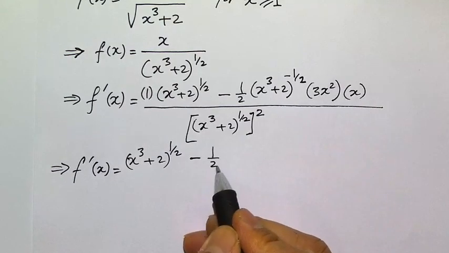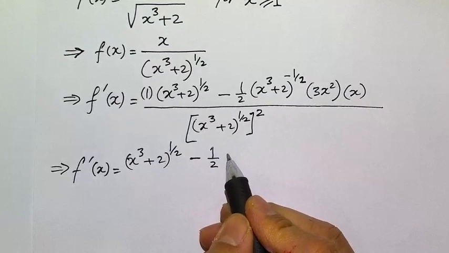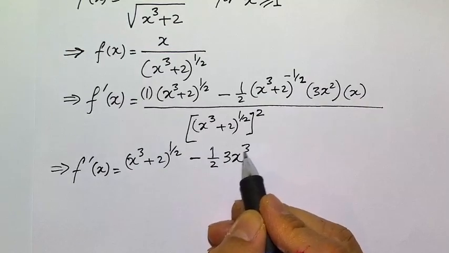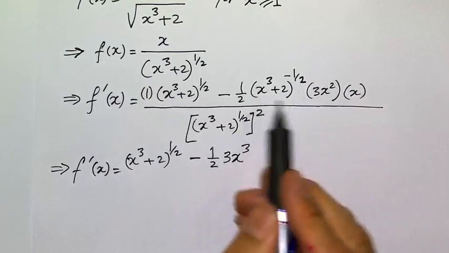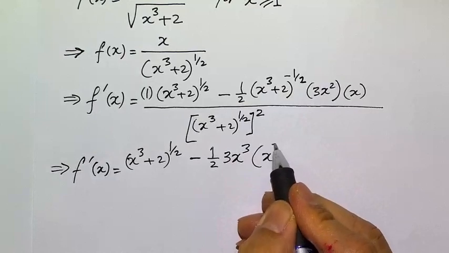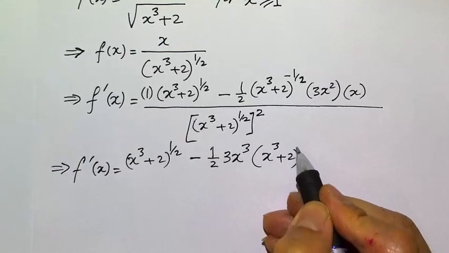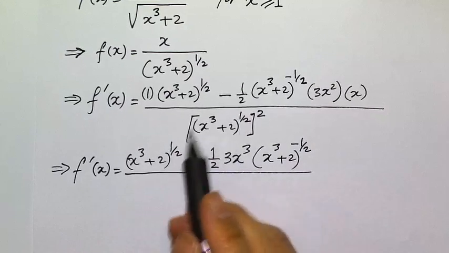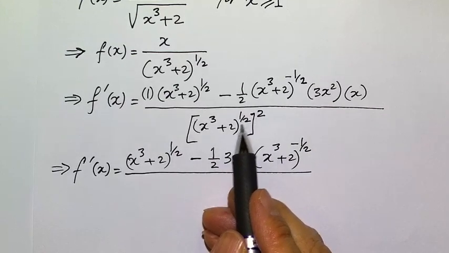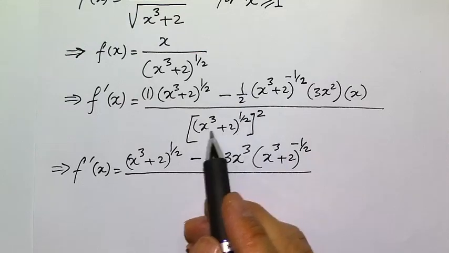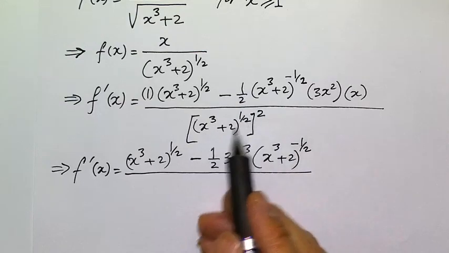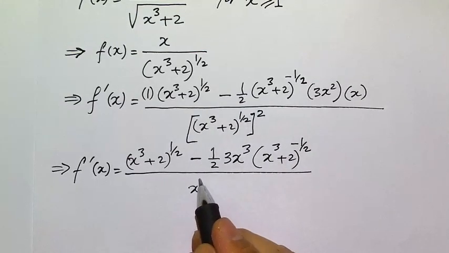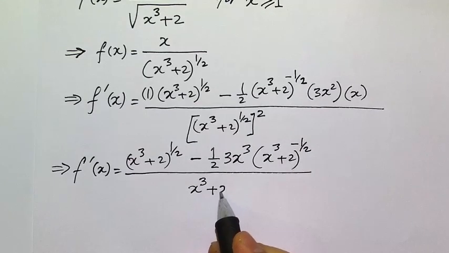So minus 1/2 times 3x cubed times x cubed plus 2 to the minus 1/2 power. And of course, let's simplify this. For the 1/2 power, distribute the 2 into this, and the powers cancel each other out. We just get x cubed plus 2.